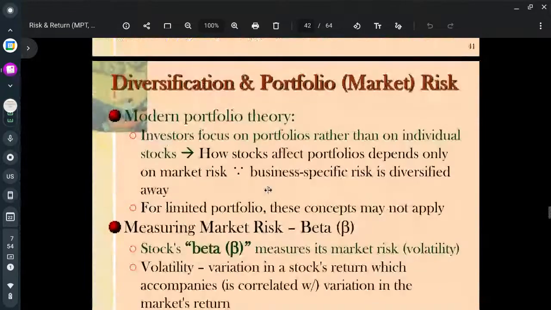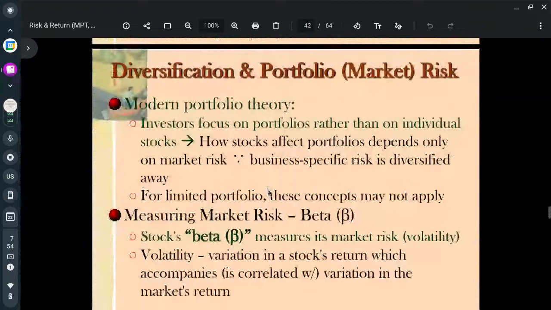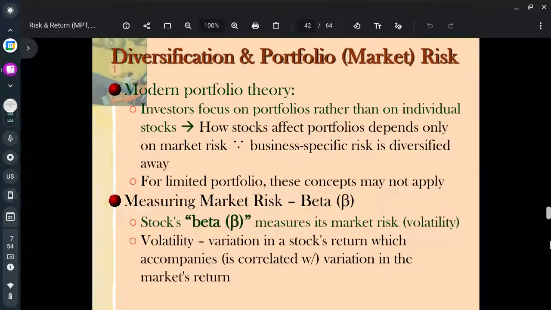But what about the systematic return? Well, the systematic return will have to be taken care of by correlation with the market.